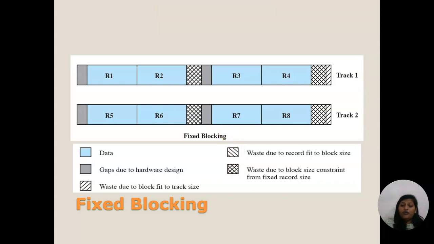So this is fixed blocking. R1, R2, R3, R4, R5, R6, R7, R8 are data. Track 1, track 2.